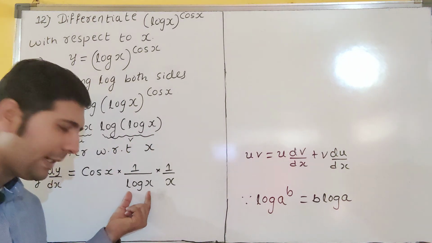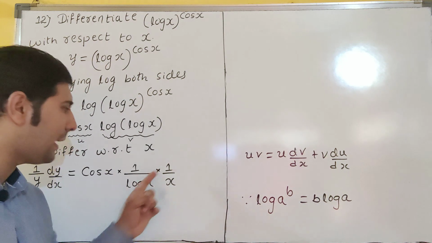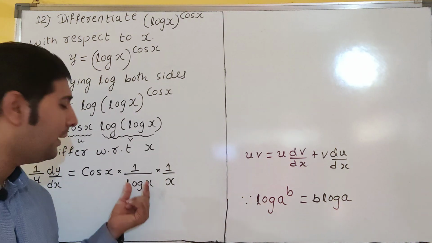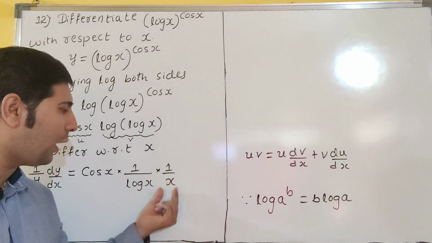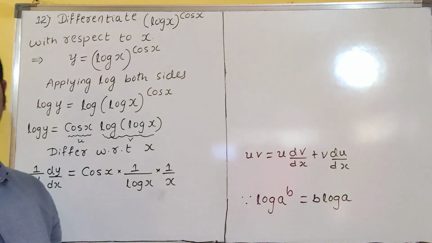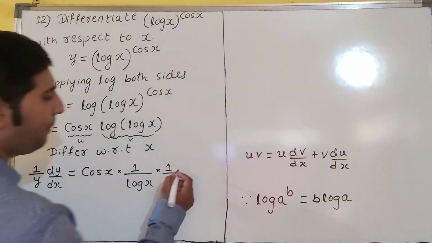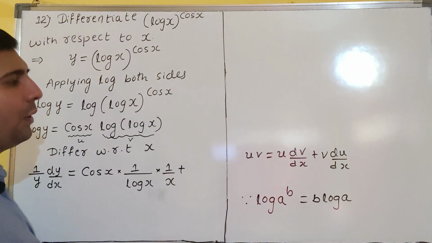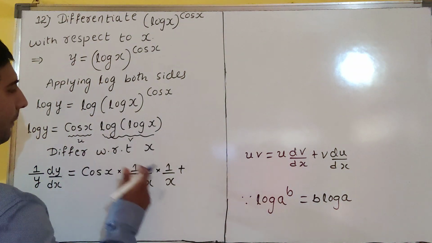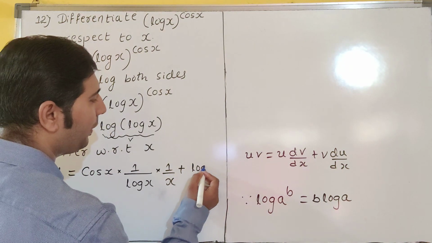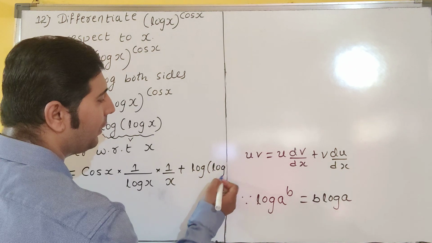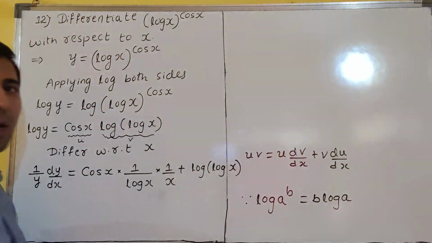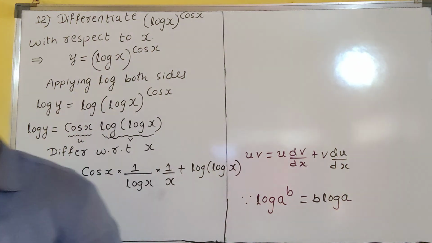In place of x, I had written log x only. So you have to take the derivative of log x, which is 1 by x. Clear? So now plus v means what? What is v? Log of log x, dear students. V I can write log of log x.